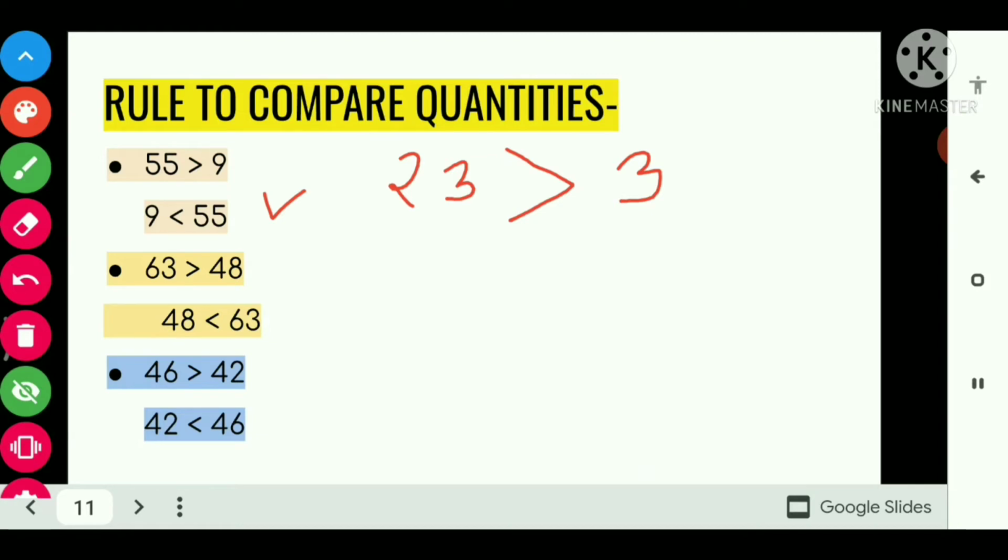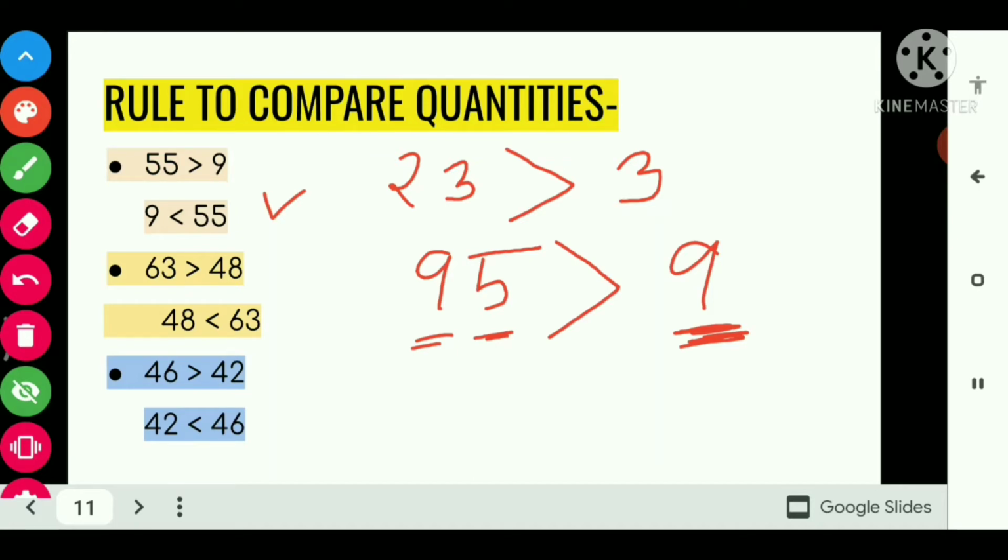For example, here I have written 95, and here I gave 9. Here you can see 2 digits and here 1 digit, so obviously the 2-digit number will be the greater one. And we'll put the greater sign in between these two numbers.